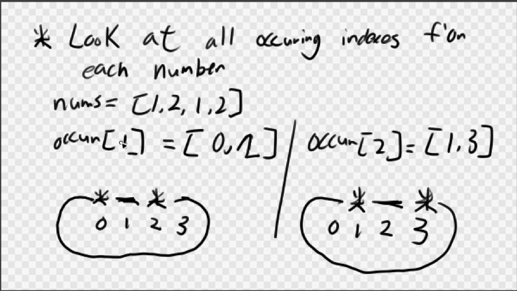So let's think about if we pick 1 as the answer and make everything else become 1, what would happen? What we will see is that we have 4 elements, 0, 1, 2, 3. This 0 and 2 is already an element of 1, but we have to make everything else into 1 as well.